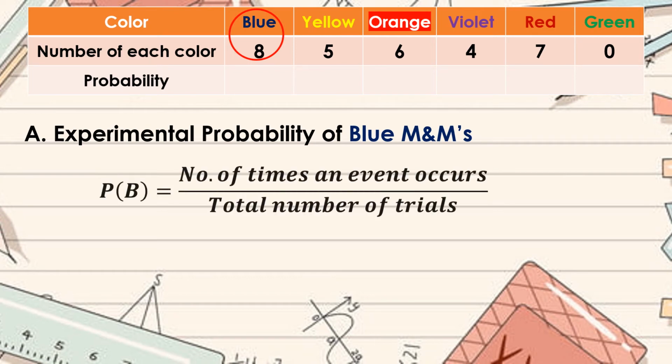Using the formula, blue M&Ms is 8 over 30. So, bakit 8? 8 ang nakuha nating blue. At 30, because when we add this data, the sum is equal to 30. Simplify. 8 over 30 is 0.27 or simply 27%. Pwede nating ilagay ang probability in decimal number or in percentage.